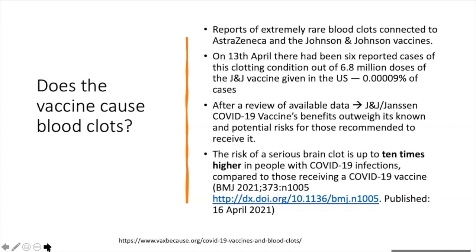With the Johnson & Johnson vaccine, there were six cases out of 6.8 million doses, and it was in the United States. All the cases of clots were reported in the US, and there were six of them. So that's 0.00009% of all the cases. That is the vaccine risk for clots.